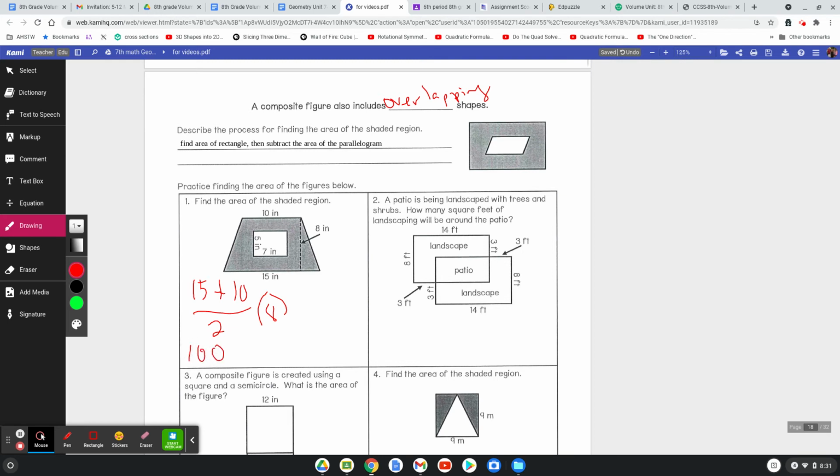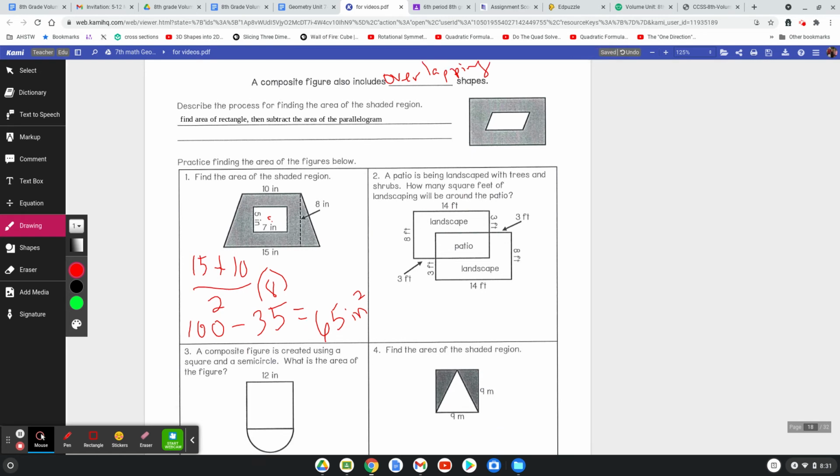I hope I'm doing that right. And then we find the area of this, and that's going to be 7 times 5, which is 35. So we're going to do 100 minus 35, and that equals 65 inches squared is what the shaded region is.